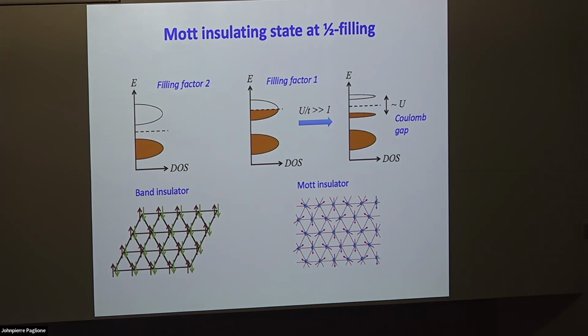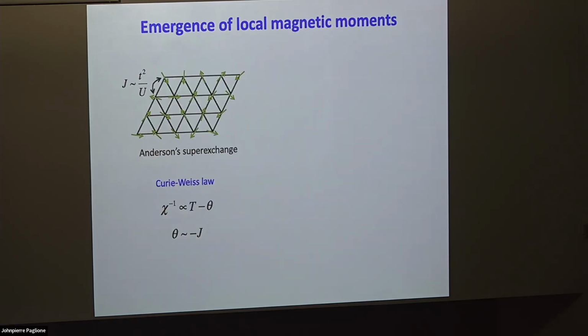There's 1 moment here. So it's actually not a boring insulator, because the charges are indeed localized, but the spins are active and the spins can talk to each other. And this is something that I already mentioned yesterday, that the electrons are localized, but you have emergent local moments that can talk to each other through the exchange interaction, like a magnetic insulator.